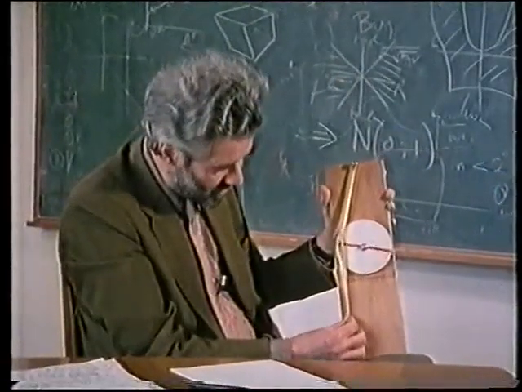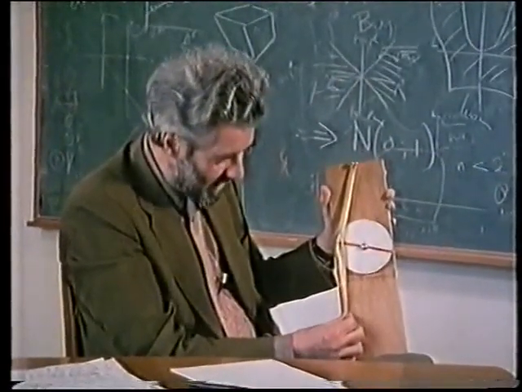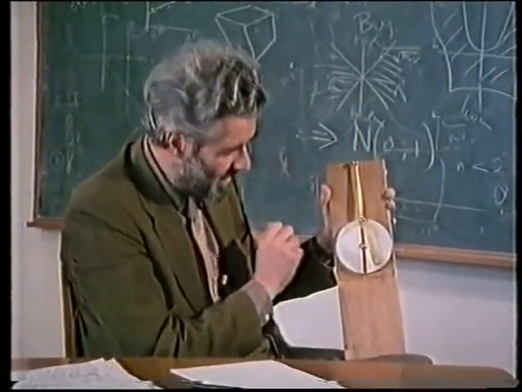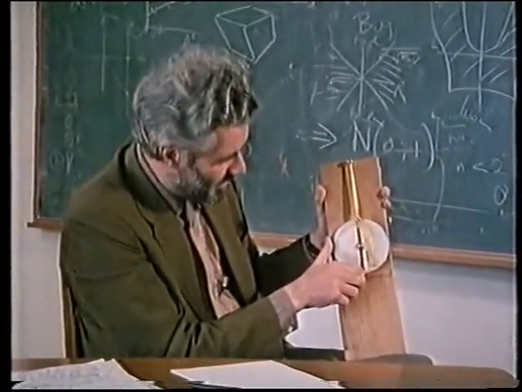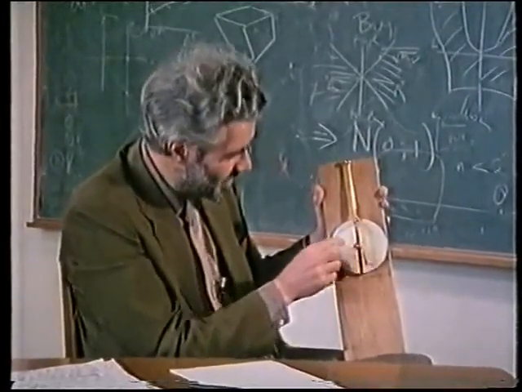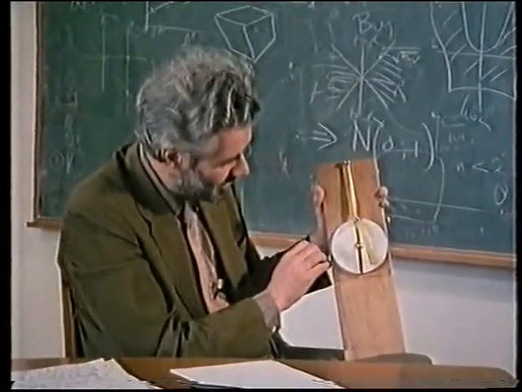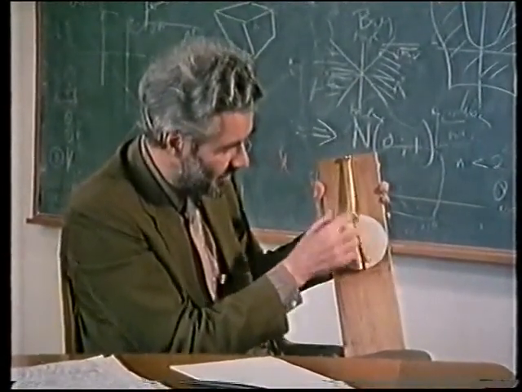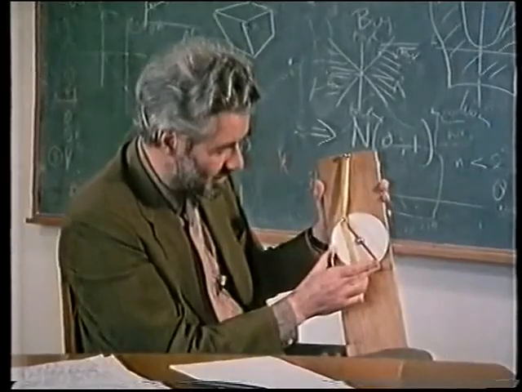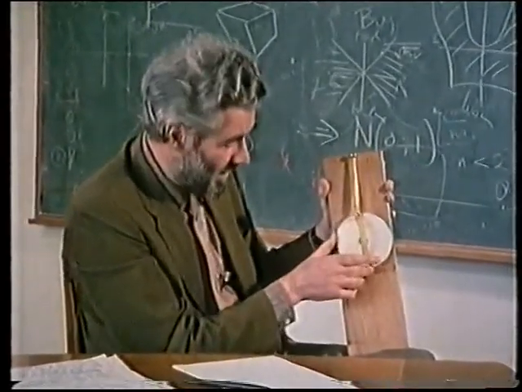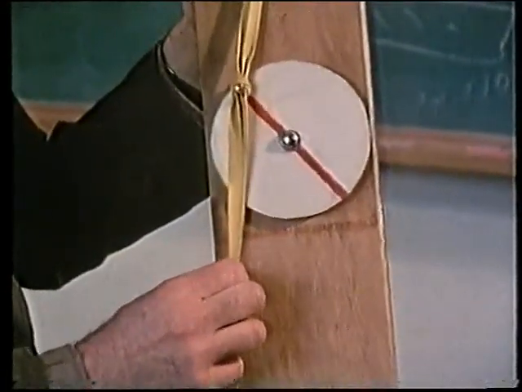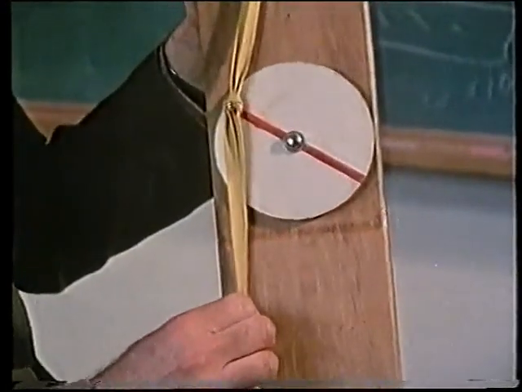Now, I can move this control up and down and sideways, and so the control space is two-dimensional, this plane. Meanwhile, the behavior of the machine is the position of this disc, and I can measure that by the angle that this line makes with the vertical. I call that x.